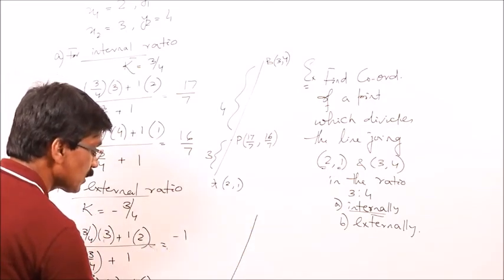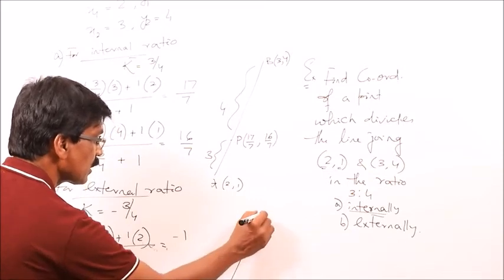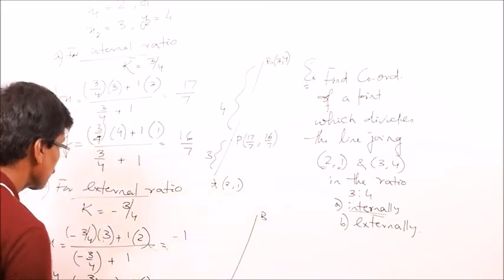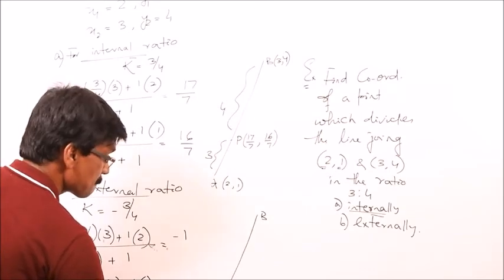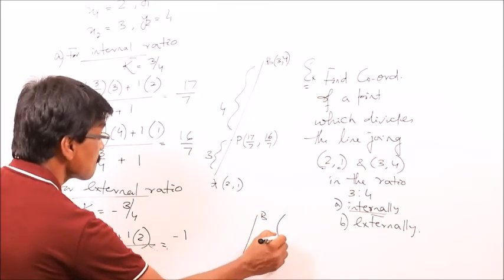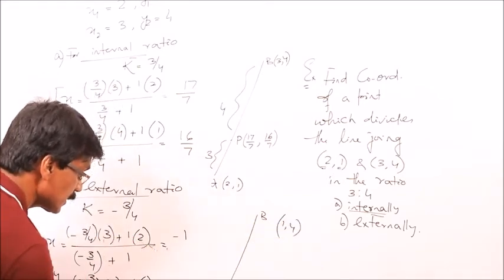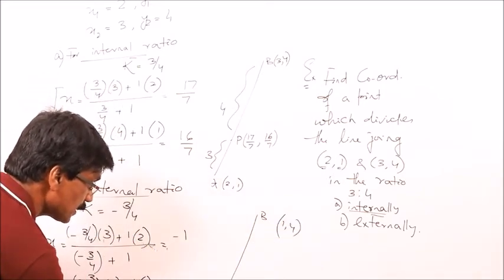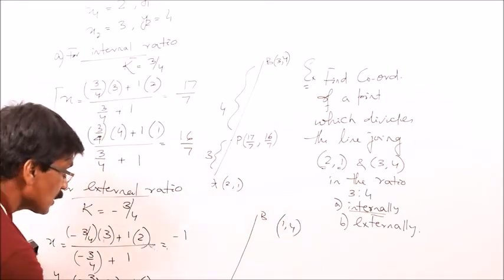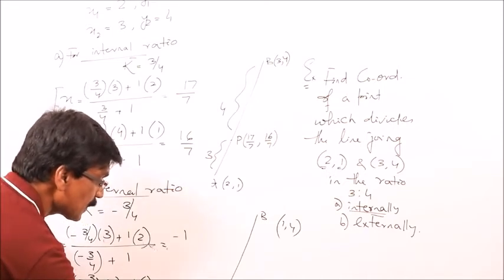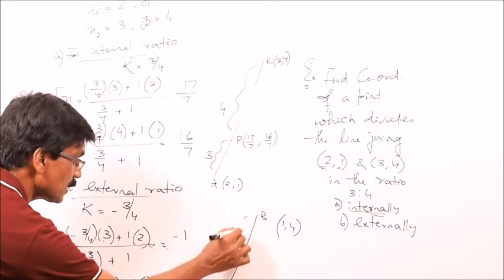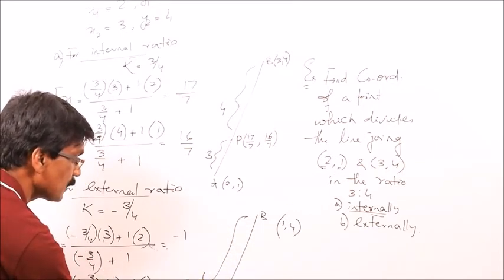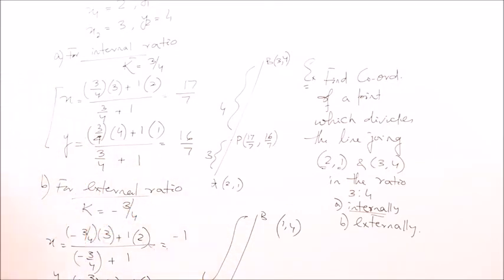So for external point, P point is an external point, that is A is 2 1, B point is 1 4, and the external point P, say Q, that is minus 1 1, and the ratio is 3:4. So suppose this part is 3 and this part is 4, but external ratio is a negative quantity.